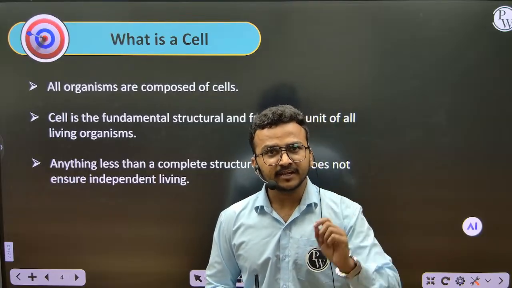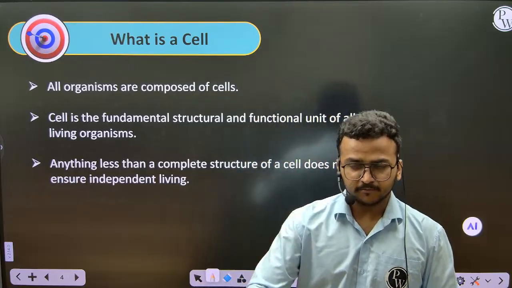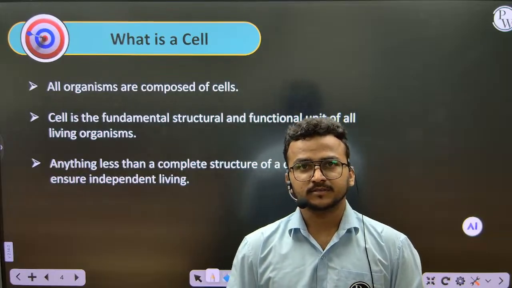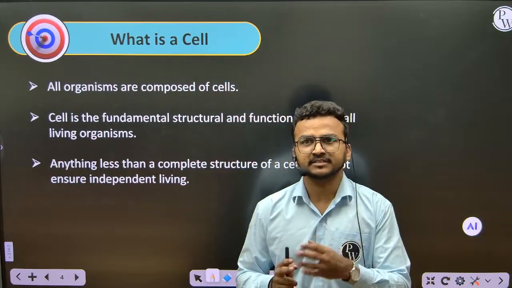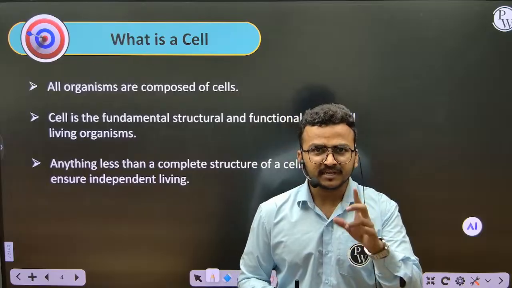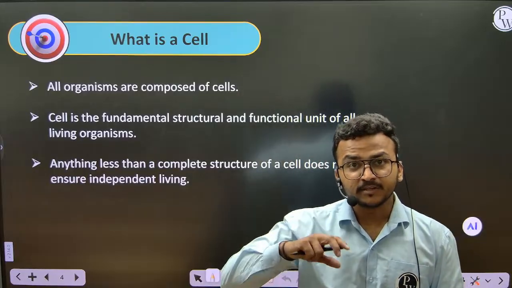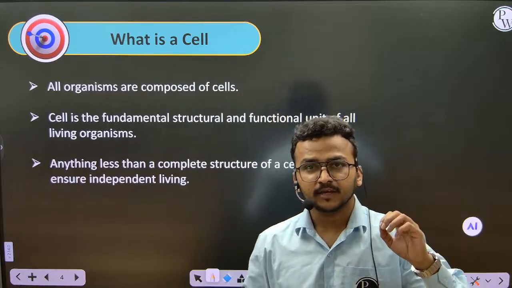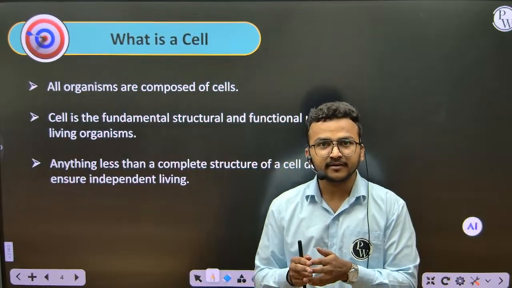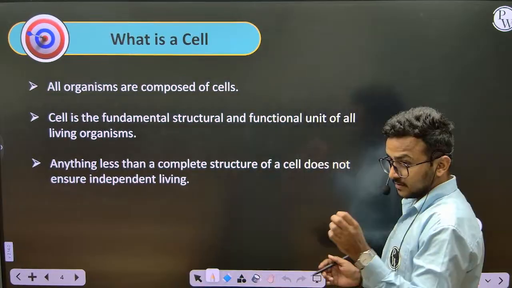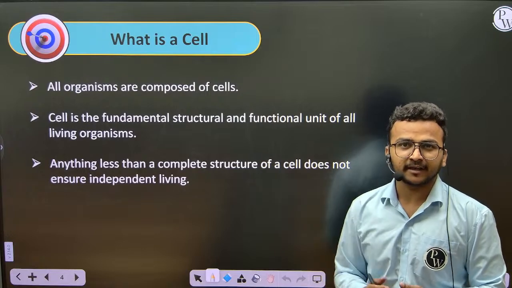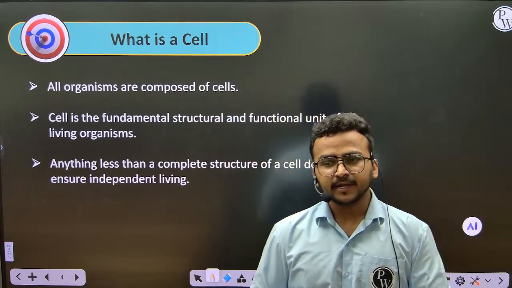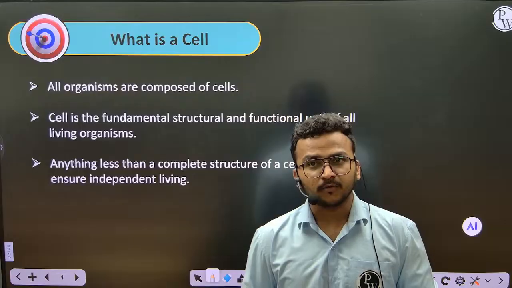And in 1839, one year after that, Schwann, who is a German zoologist, gave a statement that animal cells are covered with an outer layer, which is nothing but what today we refer to as a plasma membrane. And next to that, he also gave one more statement.